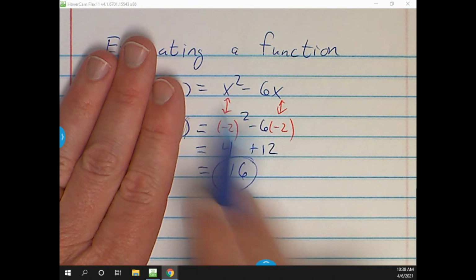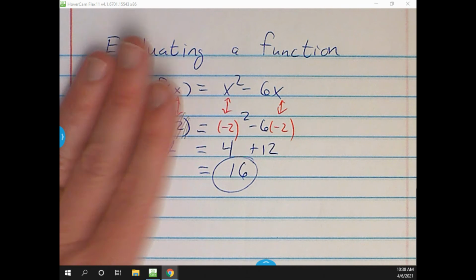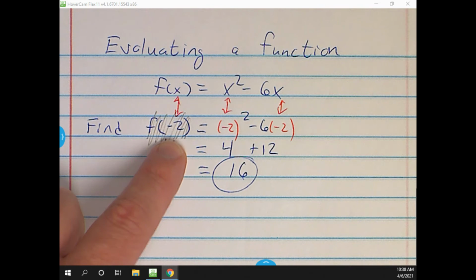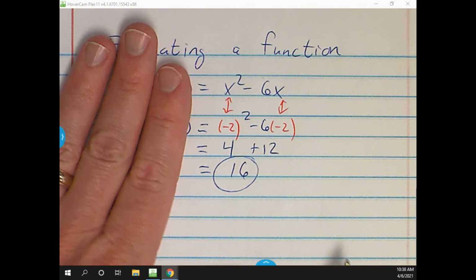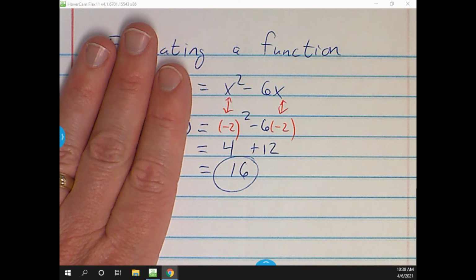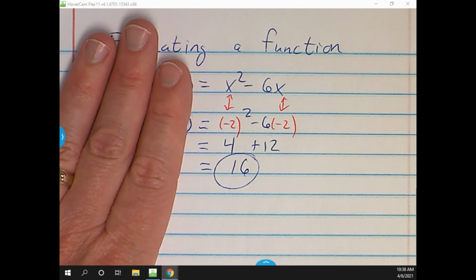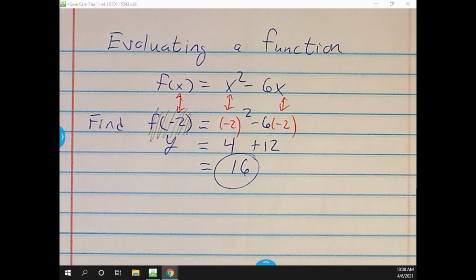All the work is over on this side of the function. You don't do anything with this number other than plugging it in and replacing the x. As far as doing anything else with it, you just ignore it and work out the right-hand side over here. Again, I was thinking we had done that, but I just wanted to make sure. This year's been so crazy that you can't always keep straight everything that we're doing.